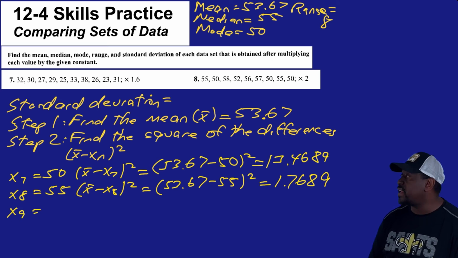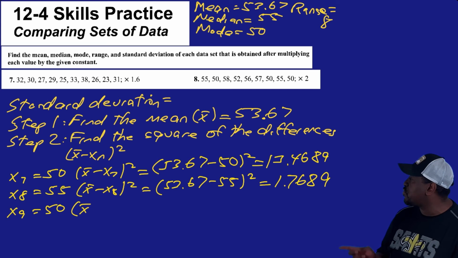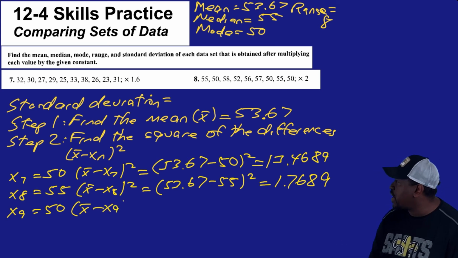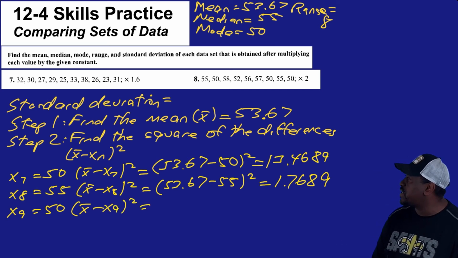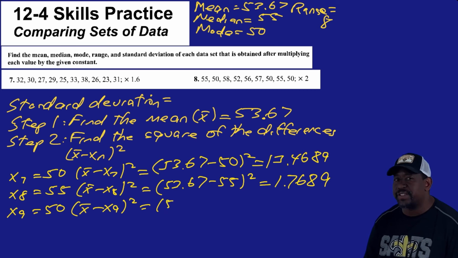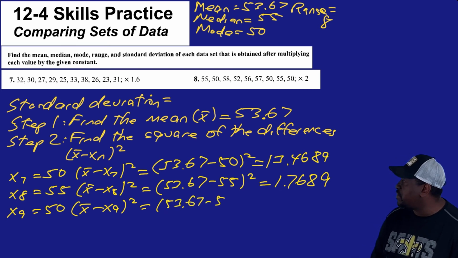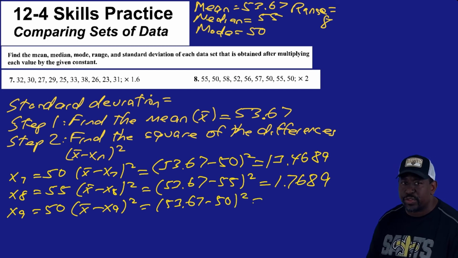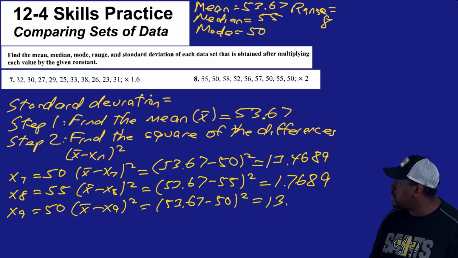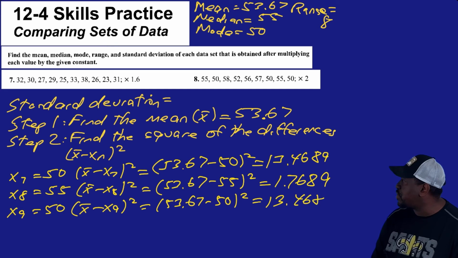And then for the 9th data point, which is 50, we already have that written right here on the screen. So we will write 13.4689 for that. Now I'm just substituting the values in because we want to use that process and be consistent in showing the work thoroughly. But as you can see, it's the same data point, so you can have the same square.